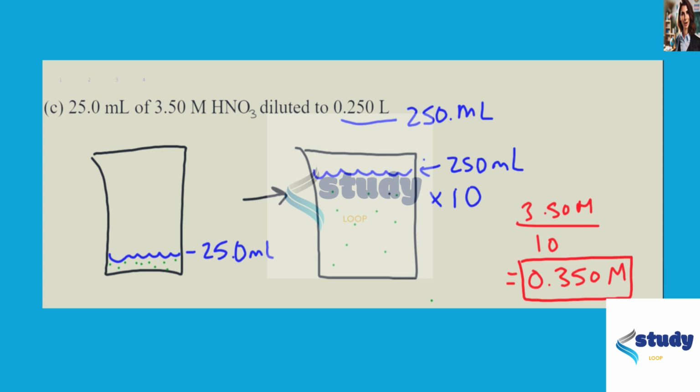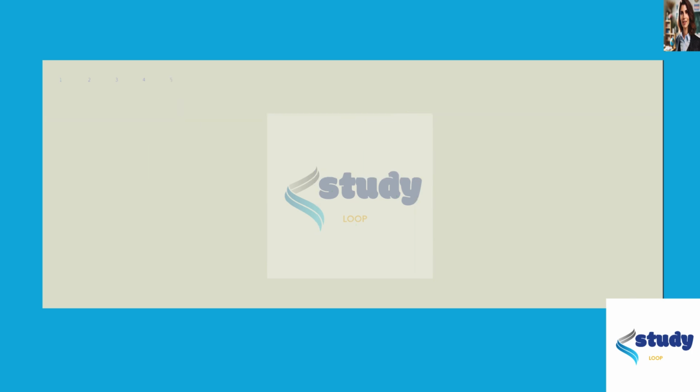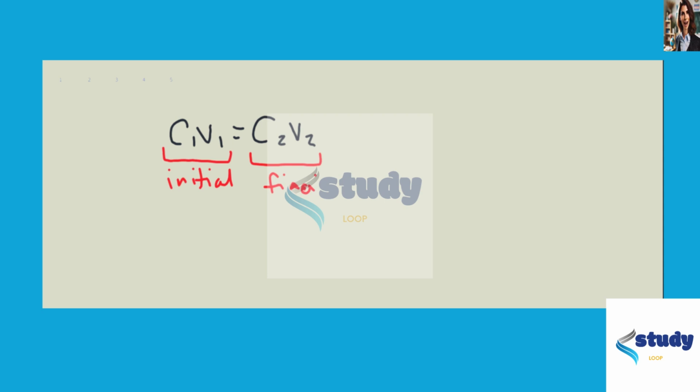Now I know that a lot of students like to have a formula to kind of back this up. That formula is given by C1V1 is equal to C2V2. You might also see those C's as M's. They all do the same thing. But essentially, the initial concentration and volume multiplied together is equal to the final concentration and volume multiplied together.